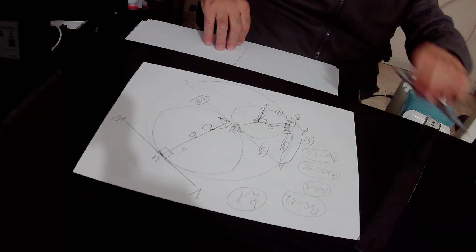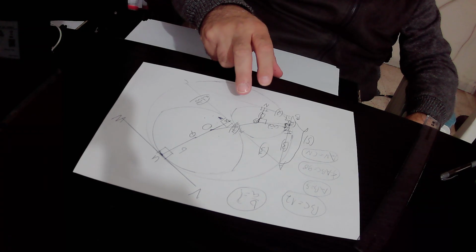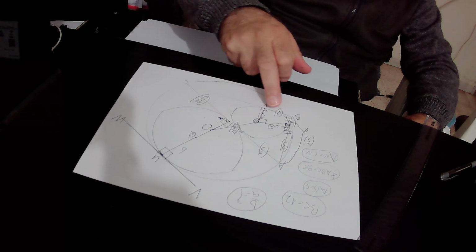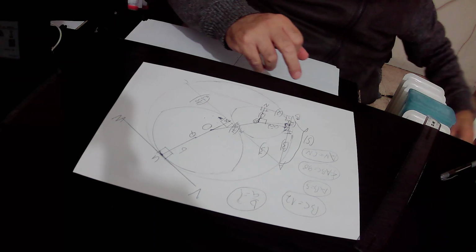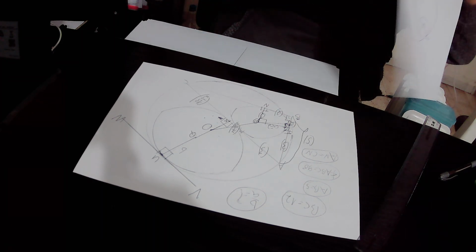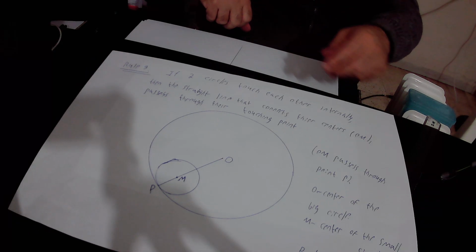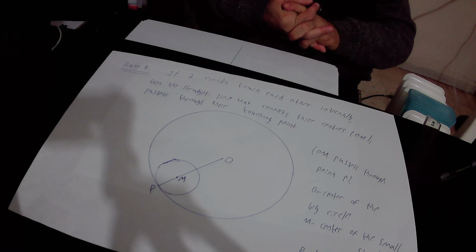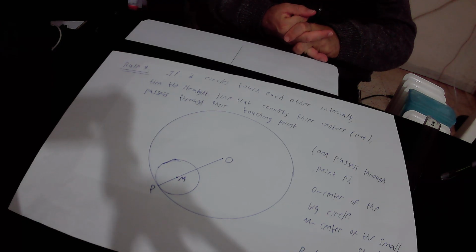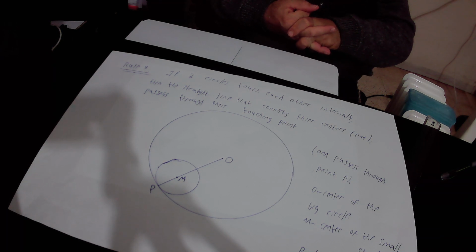So again, the straight line that connects the centers together is the straight line OP. The touching point here is point S. We have here rule number 9. If two circles touch each other internally, then the straight line that connects their centers together must pass through their touching point.